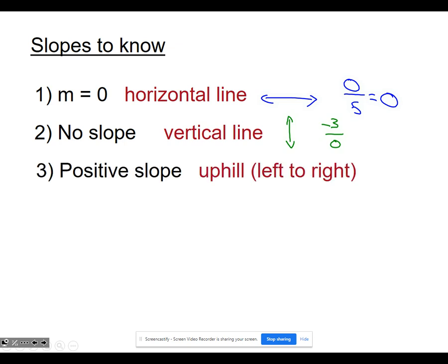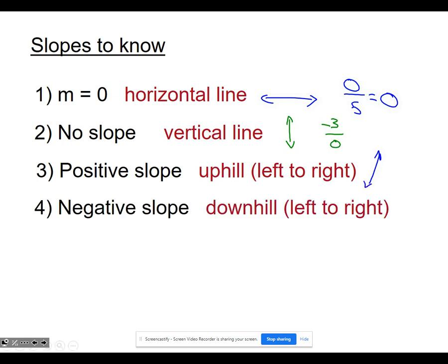Positive slopes, these are graphs that will look like they're going uphill when you're going left to right. Negative slopes, we know, means that you're going downhill.